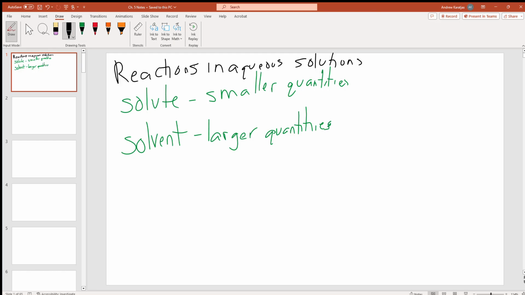Now, water itself is a very important solvent, and it serves that role because of the properties that it has as a compound. So water has essentially this basic shape, oxygen in the middle, and the two hydrogens attached to it.